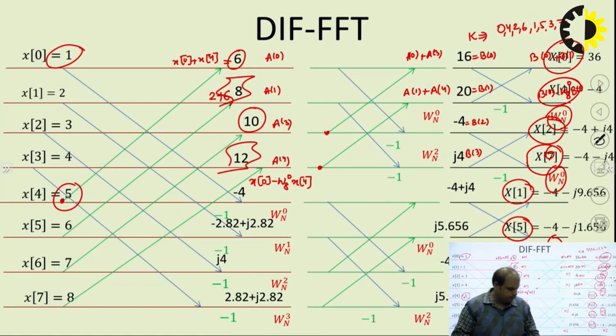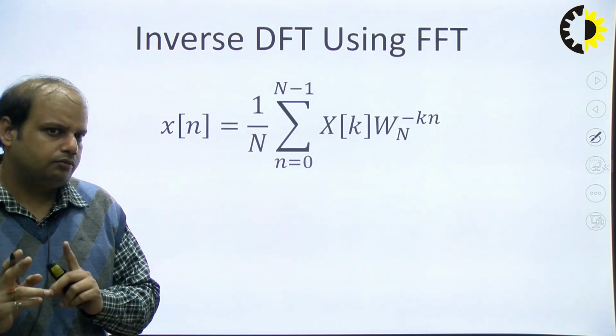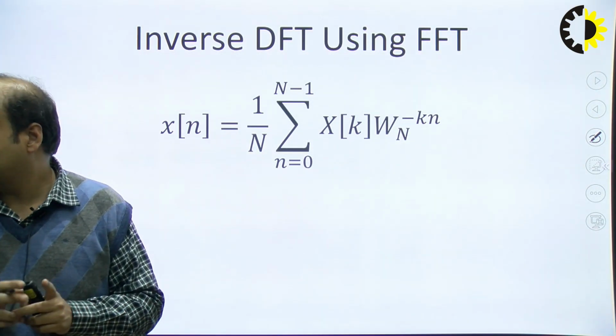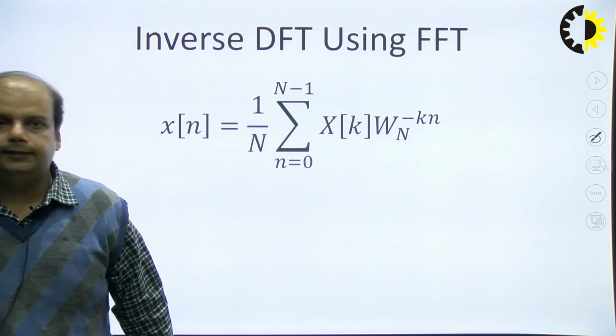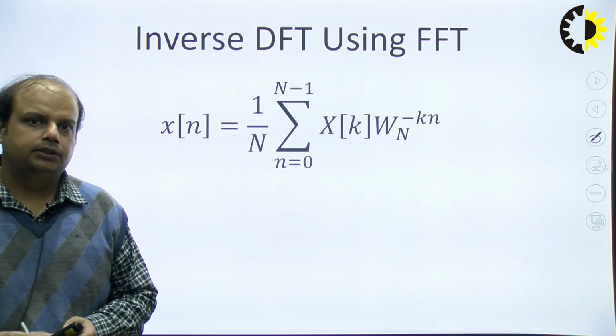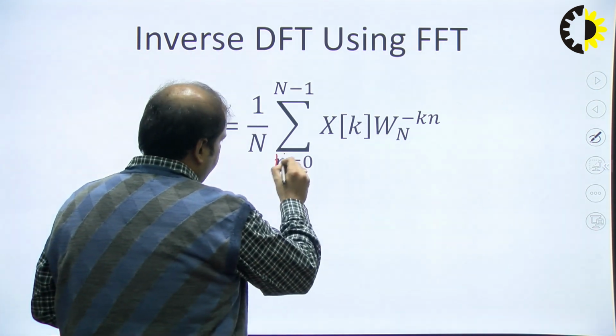The butterfly diagram can also be used for calculating the inverse Fourier transform. The calculation for inverse Fourier transform can be defined using this formula, where x of n is basically 1 by N, and the summation will actually be not in n, it will be in k, sorry.